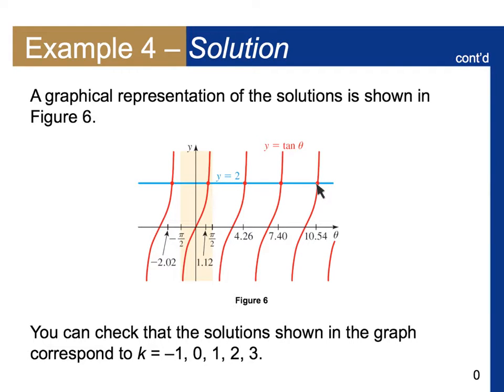This is adding 3 pi. So we get all these solutions. In fact, there's an infinite number of solutions. Those are the solutions corresponding to k equals minus 1, we go minus pi. k equals 0 is the first solution we got. k equals 1, we go plus pi. k equals 2, we go plus 2 pi, so we get it over here. And then k equals 3, we get plus 3 pi, etc. So we can use any integer multiple of pi.